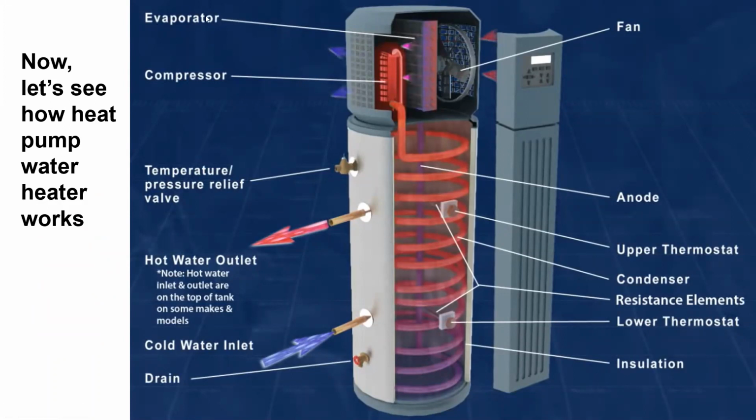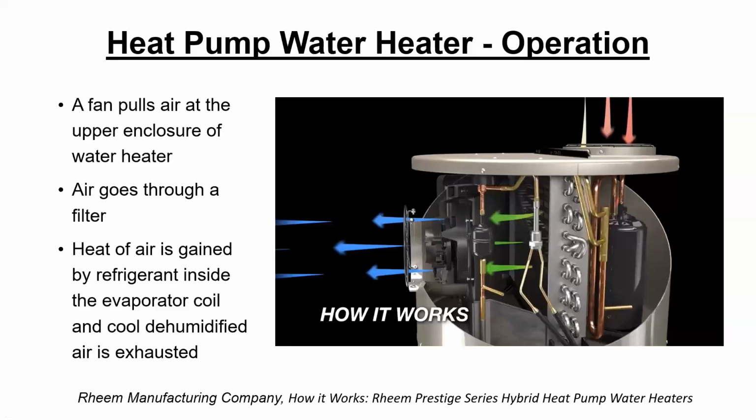So the components are really typical components for heat pumps. You have a compressor, evaporator, fan on top. You have an inlet and outlet for water, a drain system, typical water heater, and you usually have a resistance element for the cases where the demand is high.